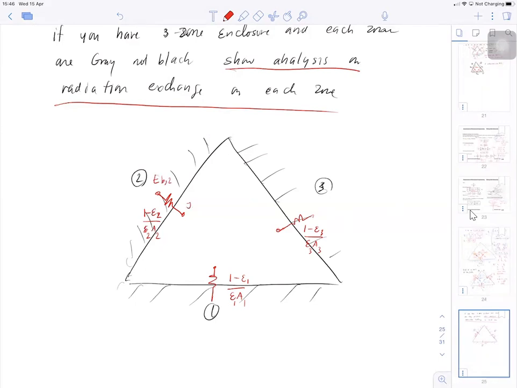Belonging to surface 2, put subscript 2, J2. Together, this is J1 and EB1. And this is EB3 and J3. Okay?